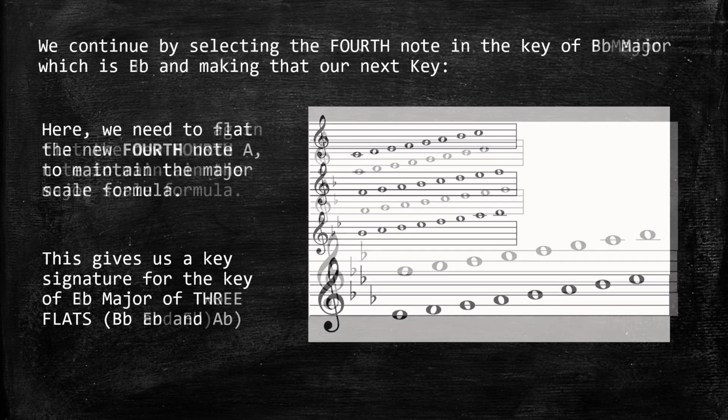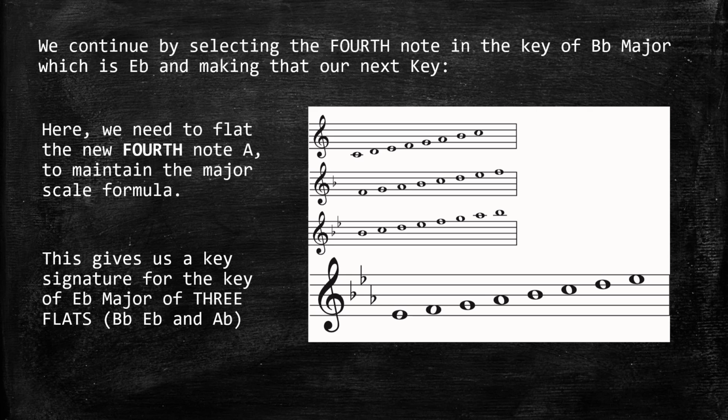We continue by selecting the fourth note in the key of B flat major, which is E flat, and making that our next key. Here we need to flat the new fourth note, A, to maintain the major scale formula. This gives us a key signature for the key of E flat major of 3 flats, B flat, E flat and A flat.